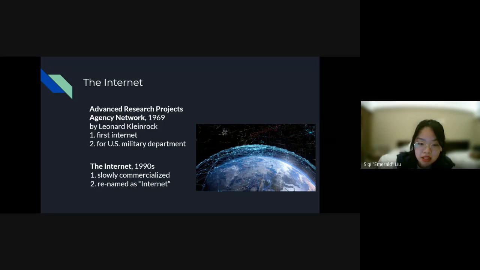So in 1969, Leonard Kleinrock successfully sent messages between two computers, and the Advanced Research Projects Agency Network, the first internet, was set up, and it was used by the American military department. And networks became super useful for people to communicate in private safely, and it was slowly commercialized in the 1990s and was renamed the internet.